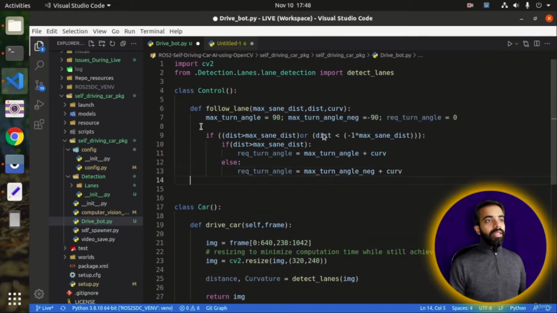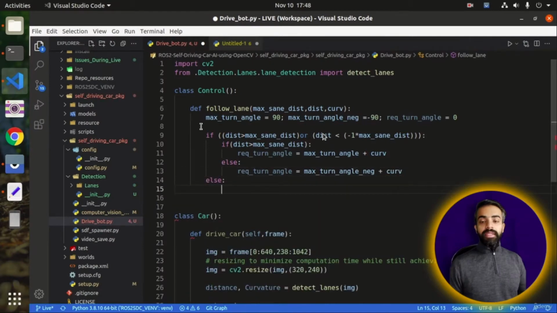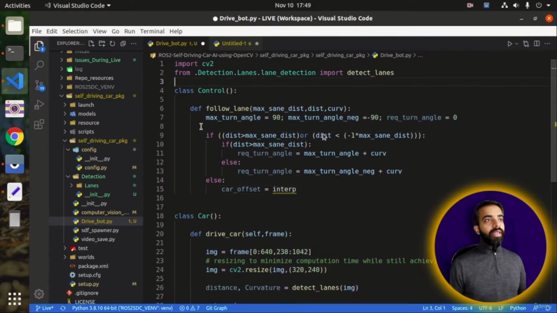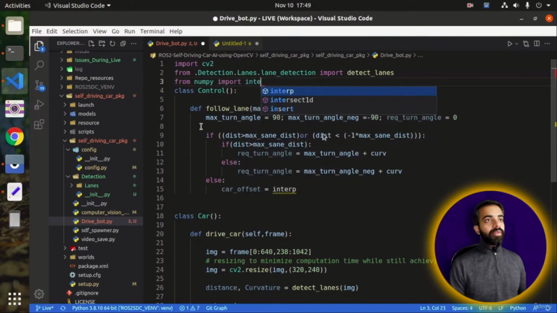Now, if the condition is not out of bounds, it is the normal condition, we can use the distance error term in a way to compute the car offset. The car offset will be computed using an interp function that is part of the NumPy library. So let's import it. From NumPy, import interp.